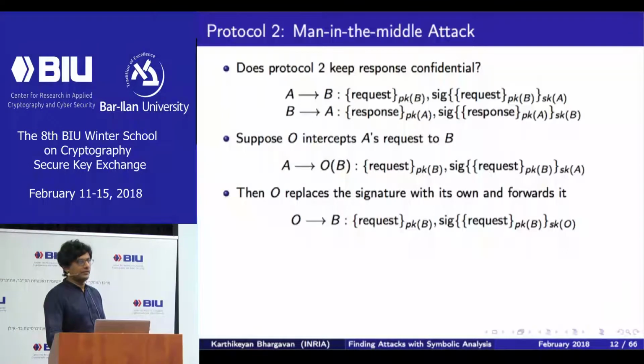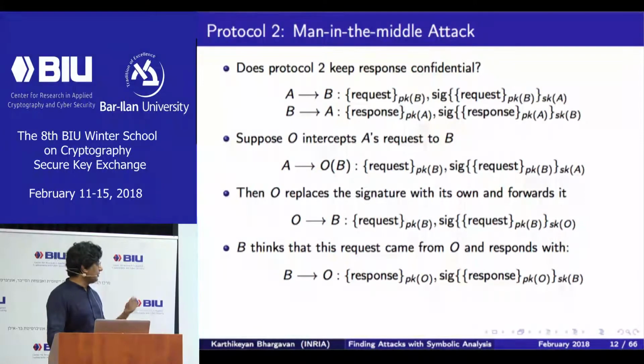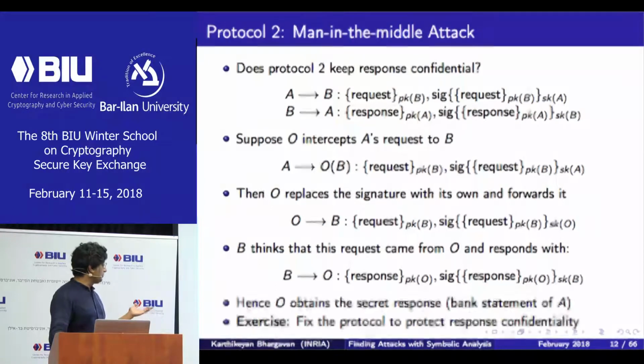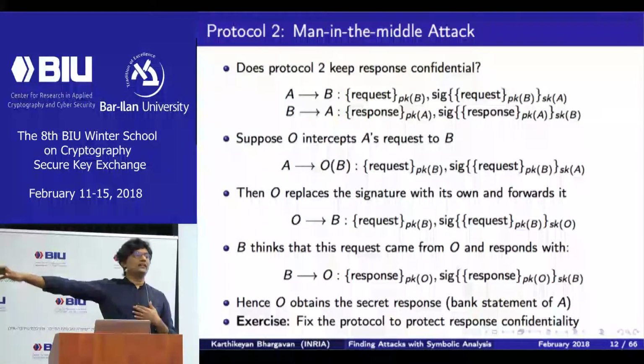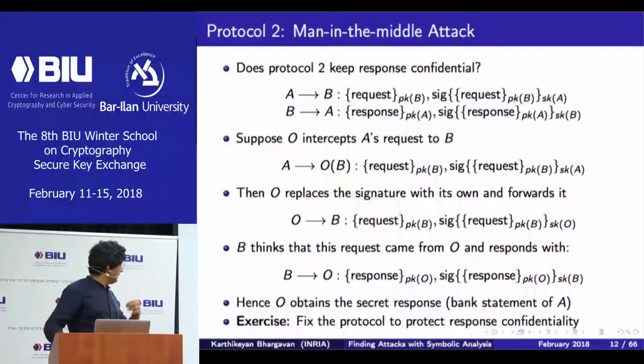It was encrypted for B. So it cannot actually extract the plain text, but it can change the signature on the outside. Now B thinks that the request came from O, and so it responds back to O. So it's going to encrypt the response back to O rather than to A. So with no other protections, this protocol is going to leak the response, which is my bank statement. It's going to allow the attacker to obtain my bank statement, right?